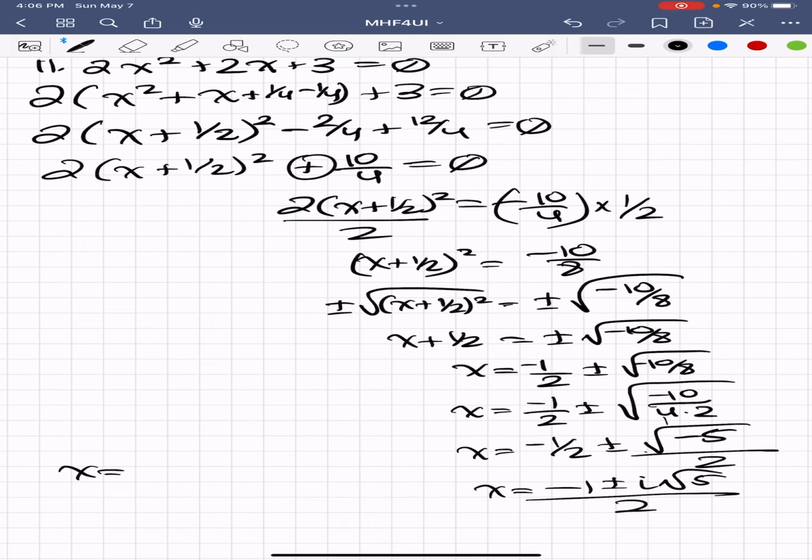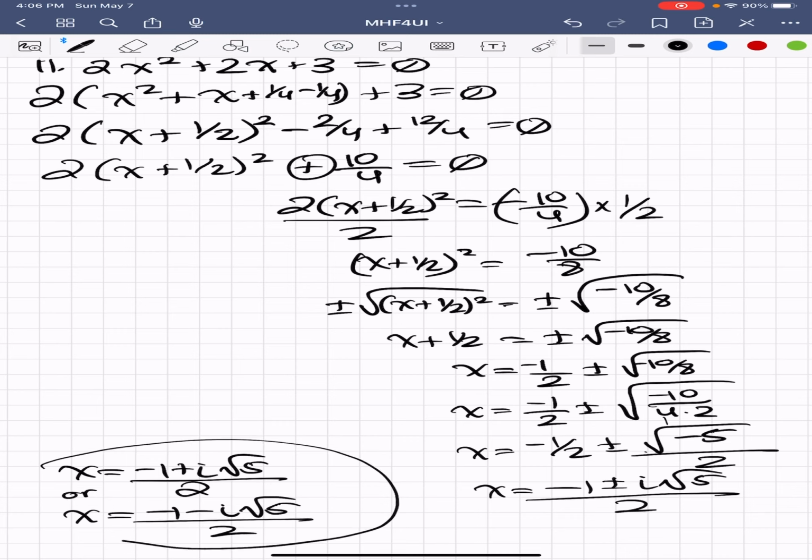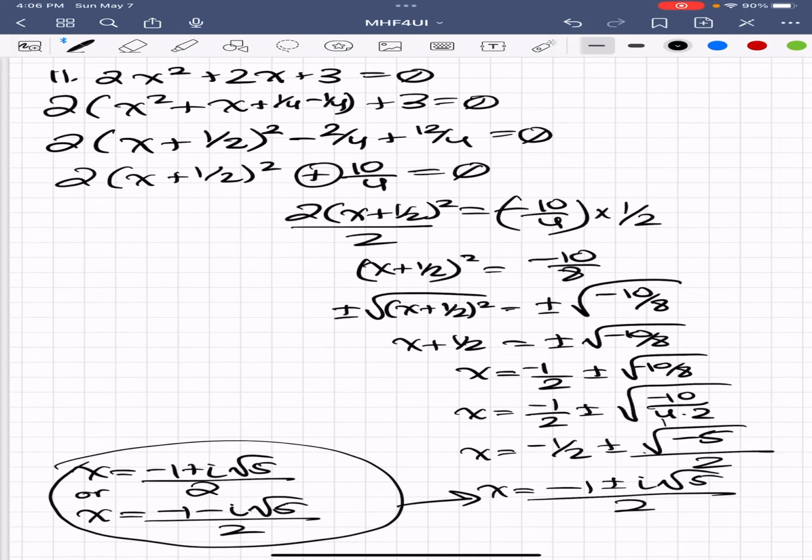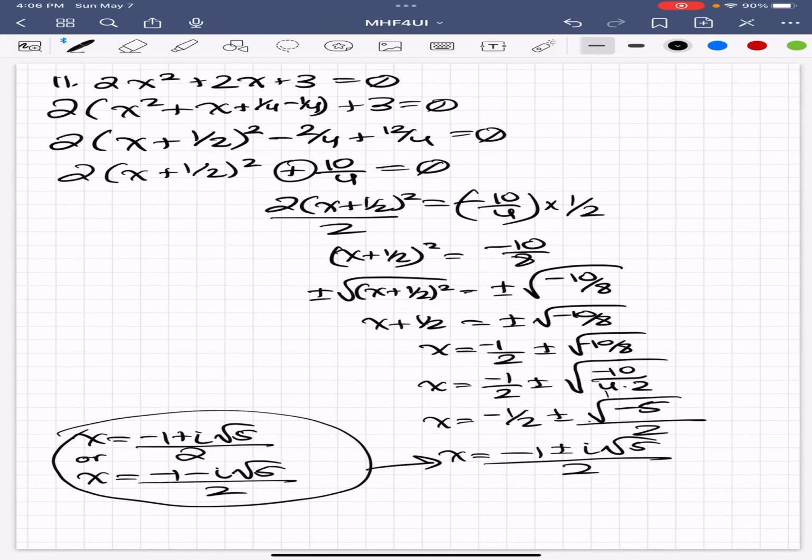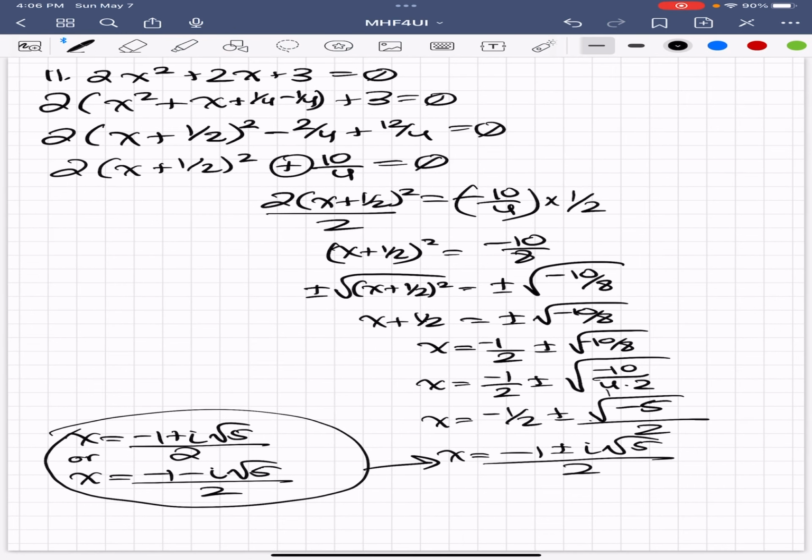So our final answer is negative 1 plus i root 5 over 2. x equals negative 1 minus i square root of 5 over 2. That's our final answer for that question. So i is an imaginary number. i equals the square root of negative 1.